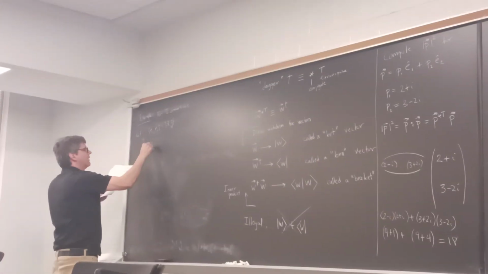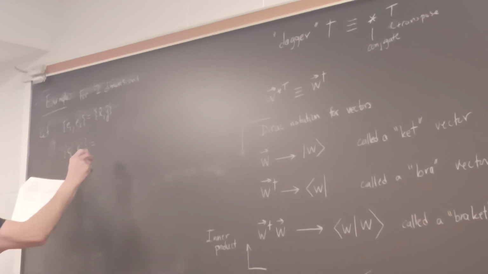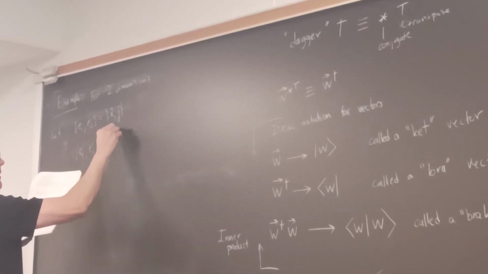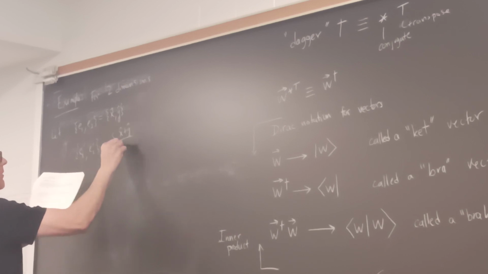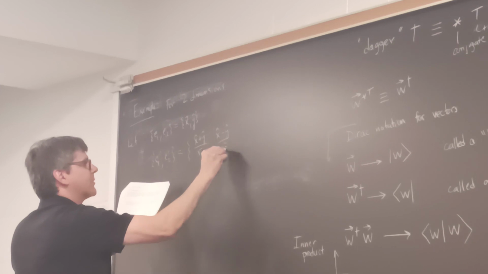And we'll let E1 prime, E2 prime equal X hat plus Y hat over the square root of 2, and X hat minus Y hat over the square root of 2.